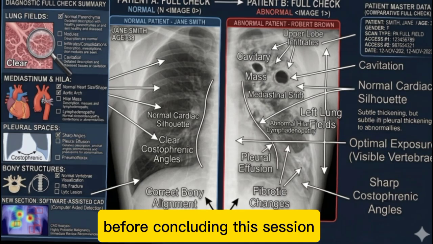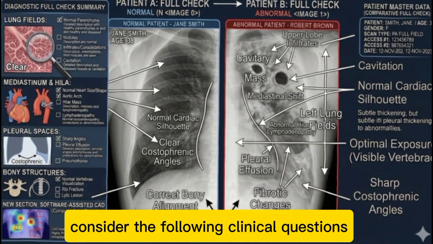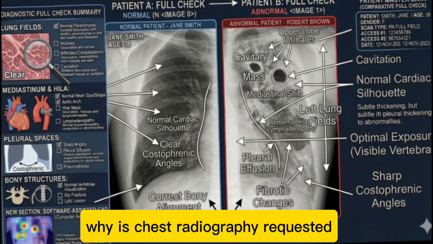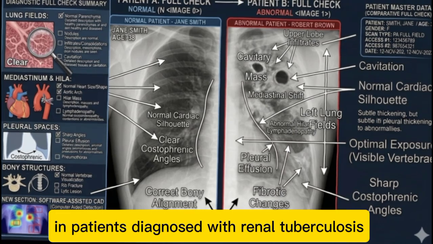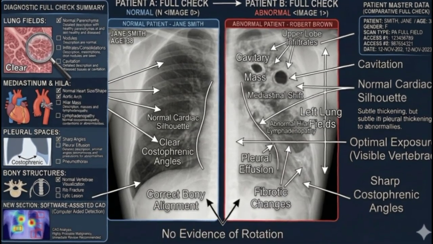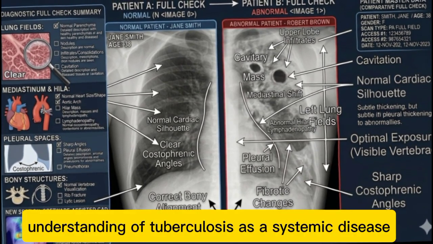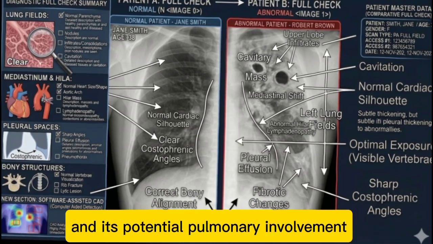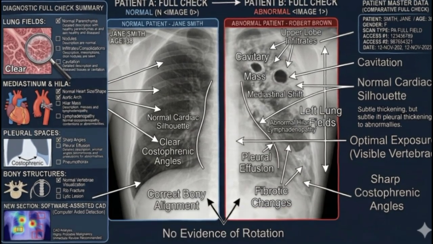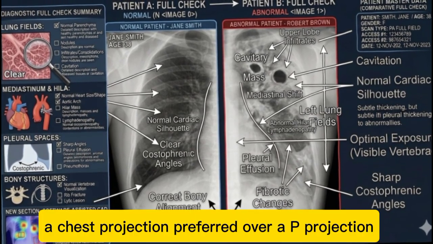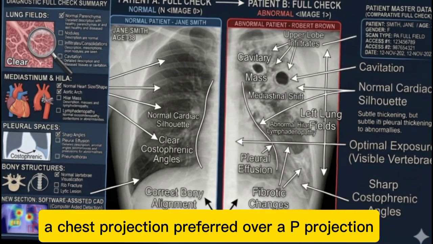Before concluding this session, consider the following clinical questions. Why is chest radiography requested in patients diagnosed with renal tuberculosis? This question tests understanding of tuberculosis as a systemic disease and its potential pulmonary involvement. Why is PA chest projection preferred over AP projection?